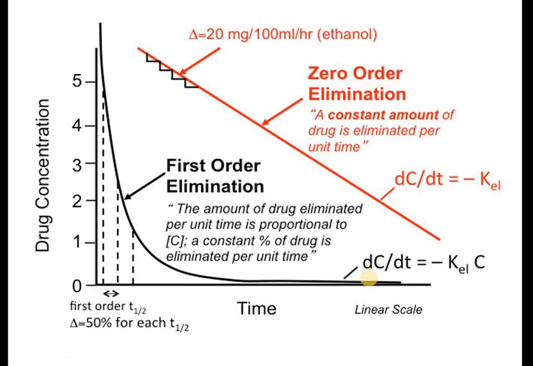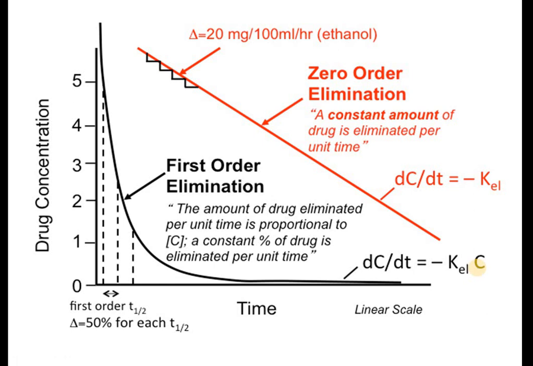So the amount of drug eliminated per unit time is proportional to C, that is the concentration of drug in the plasma. First order kinetic का derivation है dC/dt = KEL, that means the change in the concentration of drug per unit time is equal to the elimination rate into the plasma drug concentration. यहाँ पे plasma drug concentration है, यहाँ पे नहीं है, so it is concentration dependent.